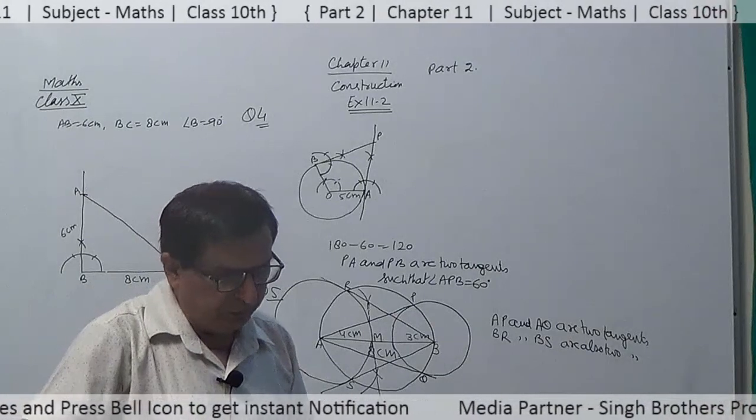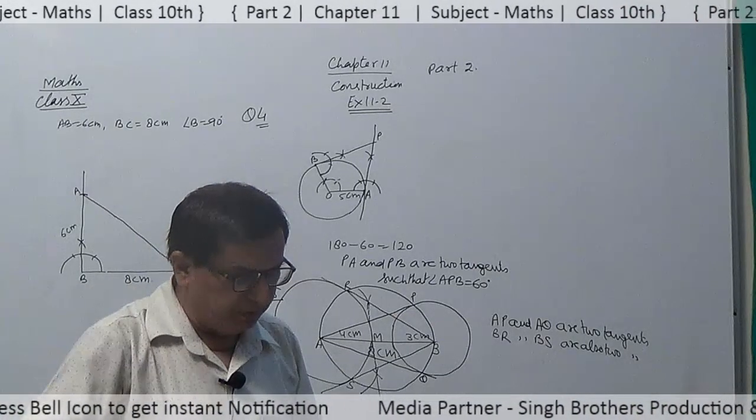So ABC is a right triangle. Second part, BD is perpendicular from point B on AC.